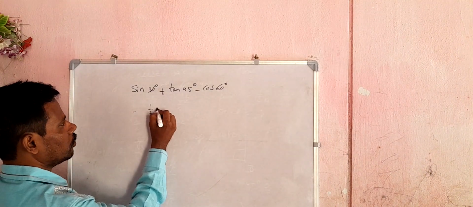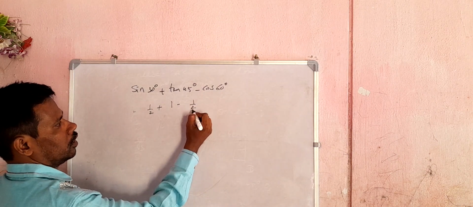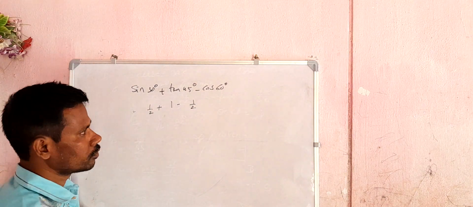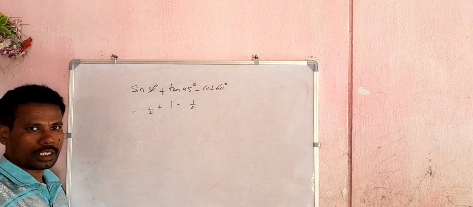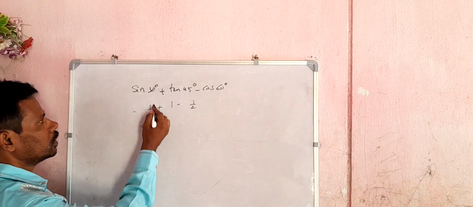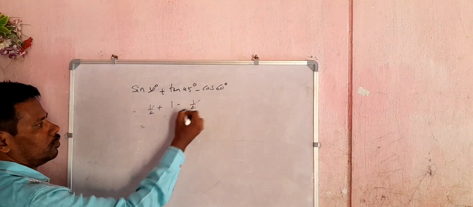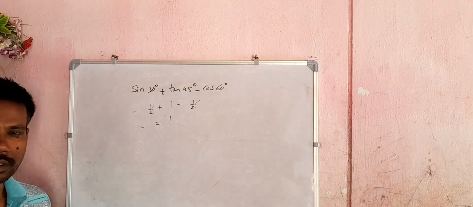Sin 30 is nothing but 1 by 2, tan 45 is 1, cos 60 is 1 by 2. If you want, you can see the chart, or if you master it, you will do it like this. Sin 30 is 1 by 2, cos 60 is 1 by 2, tan 45 is 1, so 1 plus 1 minus 1 is the answer.